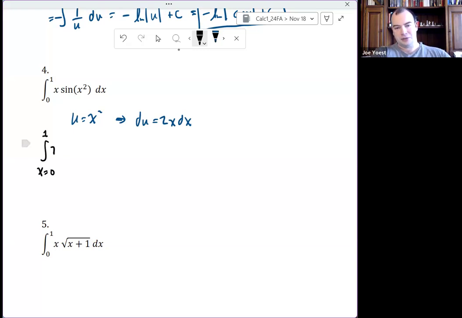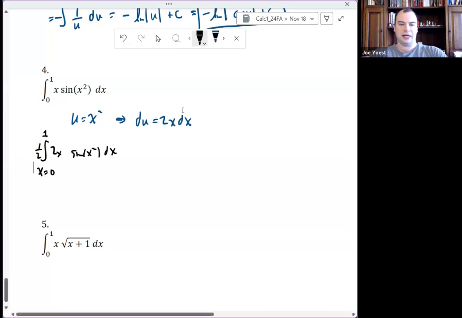And I'm going to write this as 2x sine x squared dx. I put a factor of 2 in. I need to take it out, so I need a 1/2 there. Or this is going to be 1/2 integral.